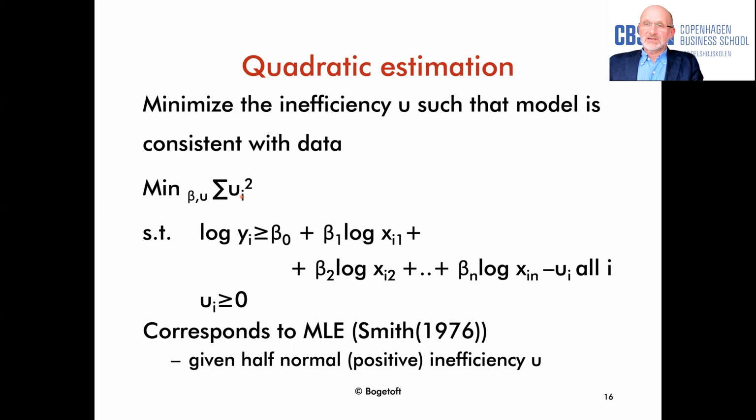And the cool thing is that this one also corresponds to a maximum likelihood estimator, namely if we assume that the deviations or the inefficiency terms are half normal. So before, if it's exponential, it's better to try to minimize this without the square. If we believe that inefficiencies, these U terms, are half normally distributed, it's better to try to minimize the U squared.